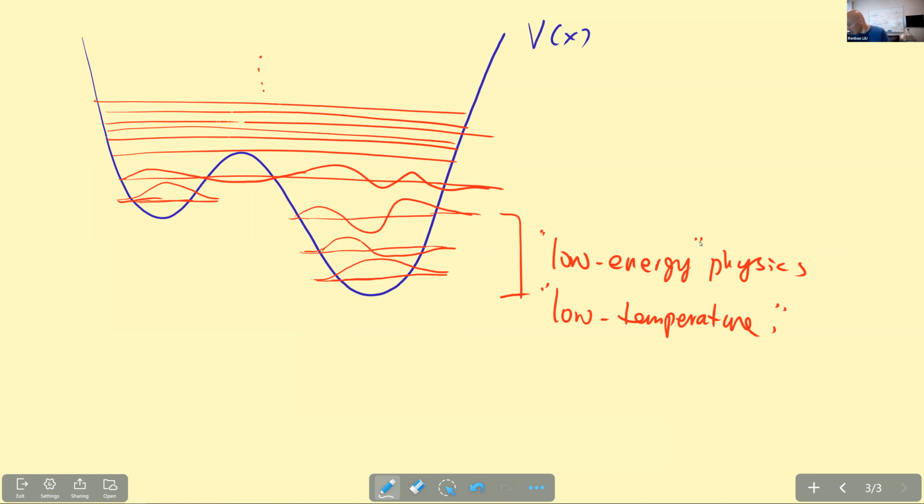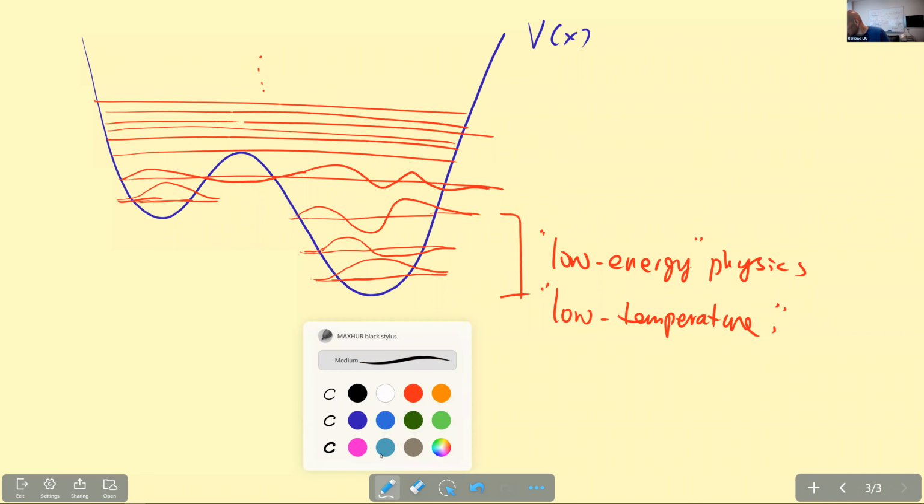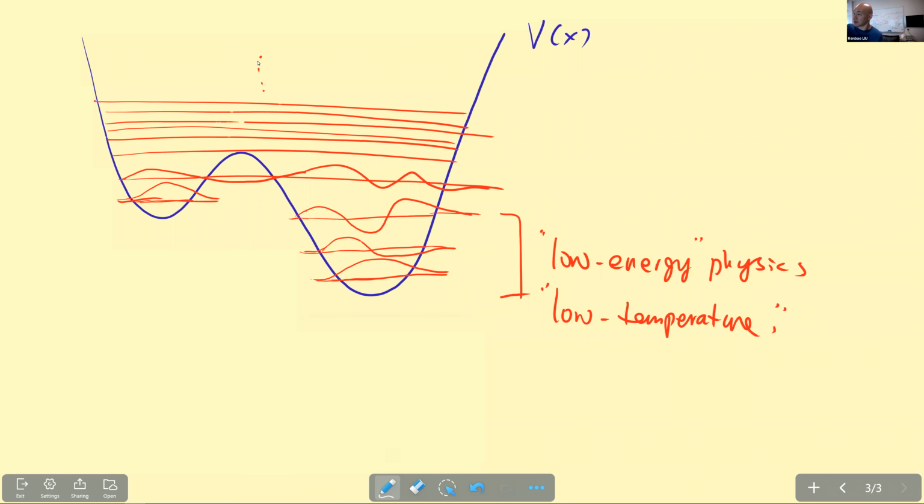And then you can approximately take this potential to be as if it's a harmonic oscillator. So this V(x) can approximately be written as 1/2 m omega squared x squared.